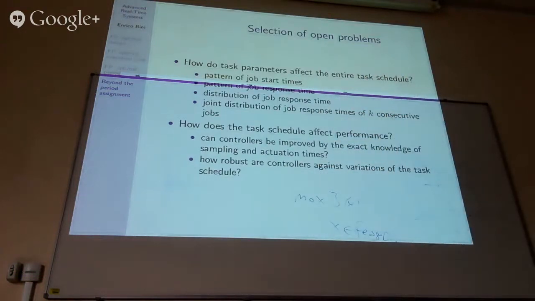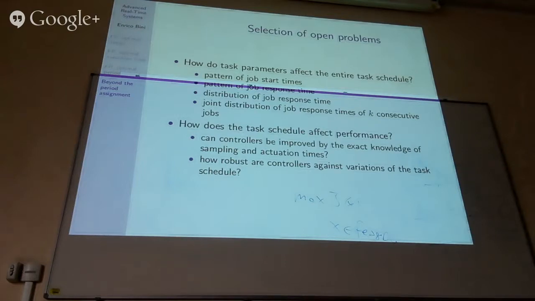Excuse me, with the exact knowledge of sampling and actuation times, the worst case scenario does not hold here, because we know the exact activation. One would like to know the exact pattern. The worst case is just one point, the longest.